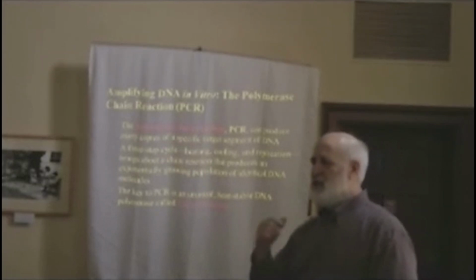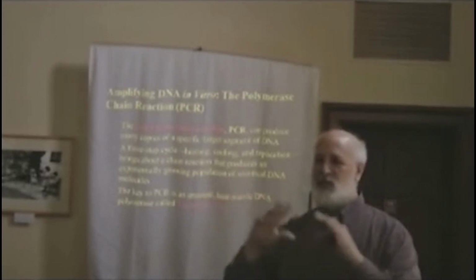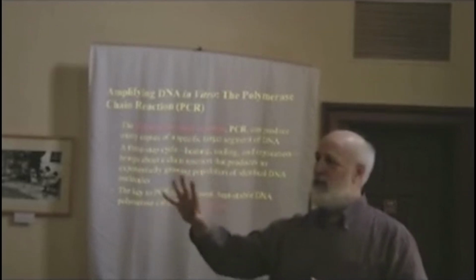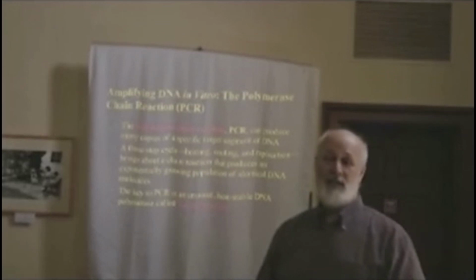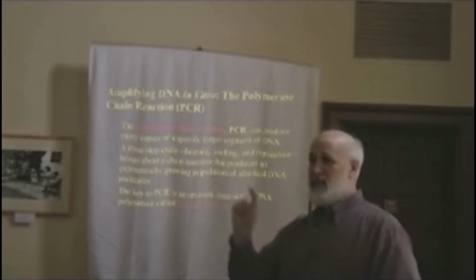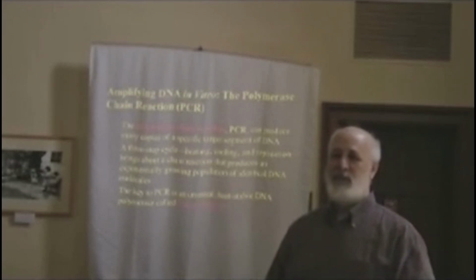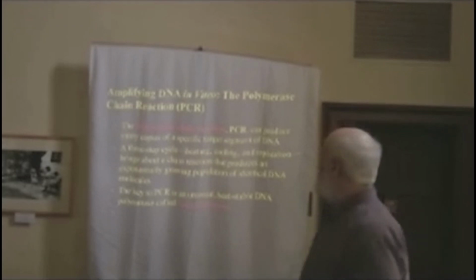So he came up with this technique whereby you have a small piece of DNA that you've gotten from some source. Like you could find a hair, or just any little bit of blood that has DNA in it. You can take that DNA and then make thousands and thousands of copies of it using this technique. It's like a photocopy machine for DNA. It's the polymerase chain reaction.